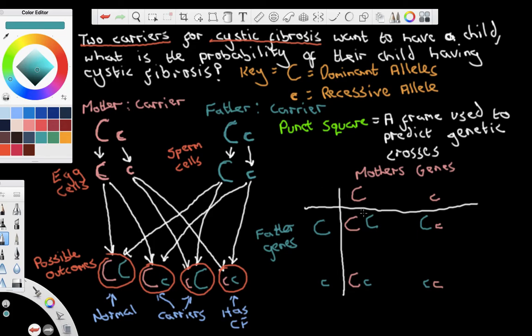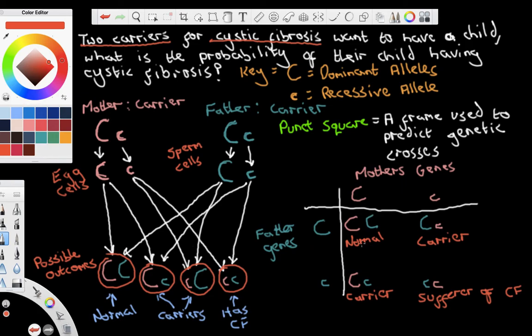So if we look at this, it shows exactly the same as what we've got here. We've got a normal person, or a person who's not a carrier nor a sufferer. We've got a carrier here. We've got a carrier down here. And we've got a sufferer of cystic fibrosis. I'm just going to put capital C, capital F.